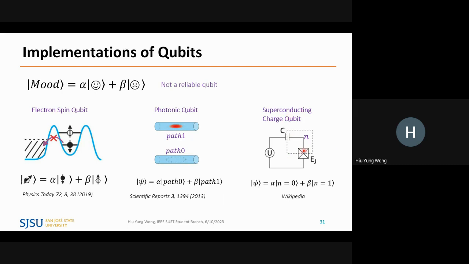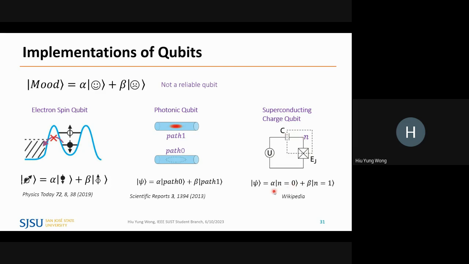Superconducting qubit is another thing that is very common. And what we do is have something called Josephson junction. Again, you can watch my video or just Google Wikipedia. Coupled with a capacitor, it depends on how many extra Cooper pairs in this island between Josephson junction and this capacitor. We use this microwave pulse to control it, to rotate it by coupling through this capacitor, right?